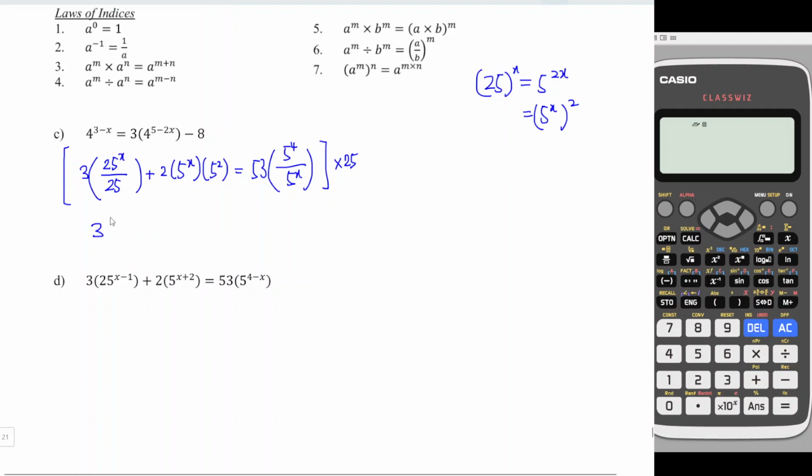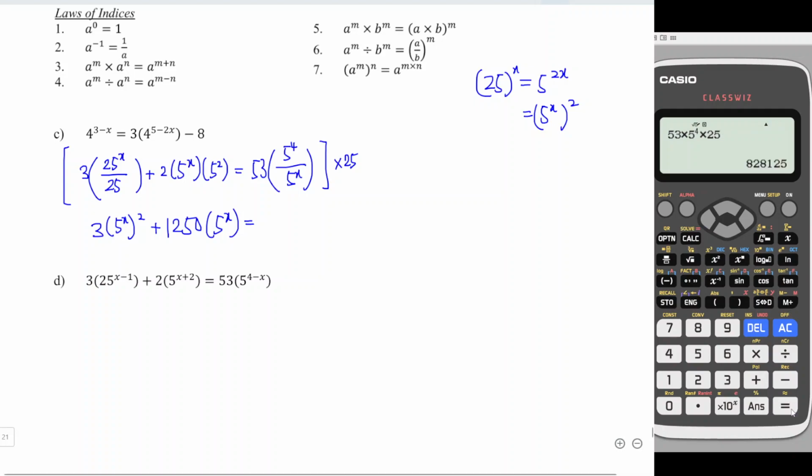So we have 3 times (5^x) to the power of 2 plus 2 times 5 squared times 25, so we have 1250 times 5^x is equal to 5^3 times 5 to the power of 4 times 25.